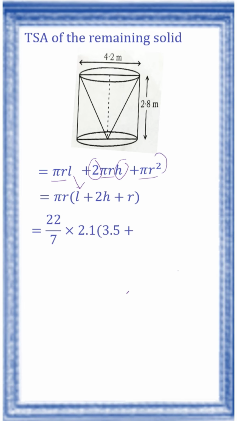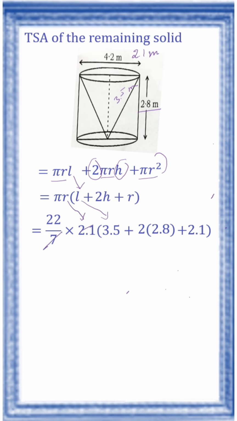Now let us substitute the values. Radius is 2.1 here and L slant height is 3.5 meter, H is 2.8, 2 into 2.8 plus r is 2.1.